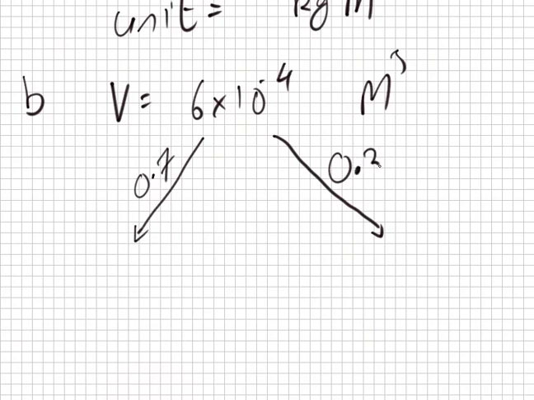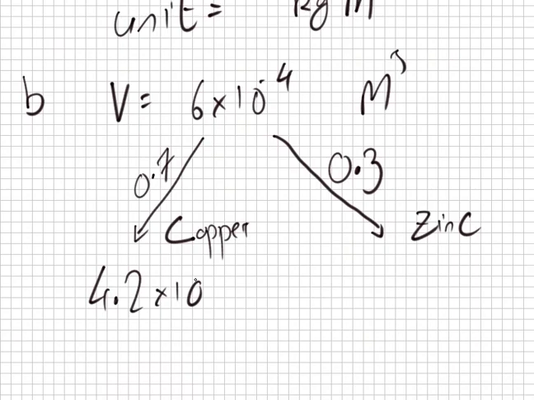This is the copper, and this is the zinc. What did you get first? 4.2 times 10 to the -4. And the other one is 1.8.